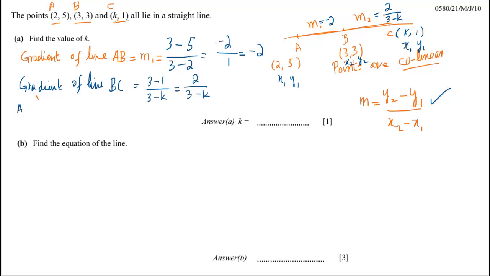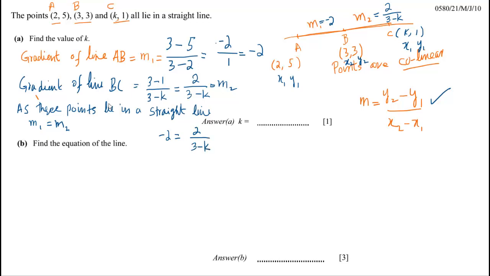As the 3 points lie in a straight line, they are on the same straight line, so therefore M1 must be equal to M2. Their slope, their gradient will be equal. So M1 is minus 2. It is equal to 2 over 3 minus k. So let me put 1 here, cross multiplication.